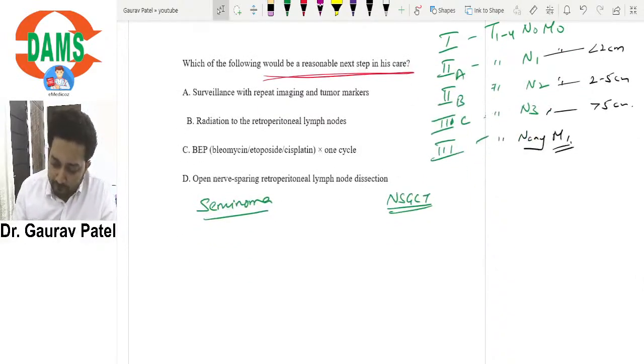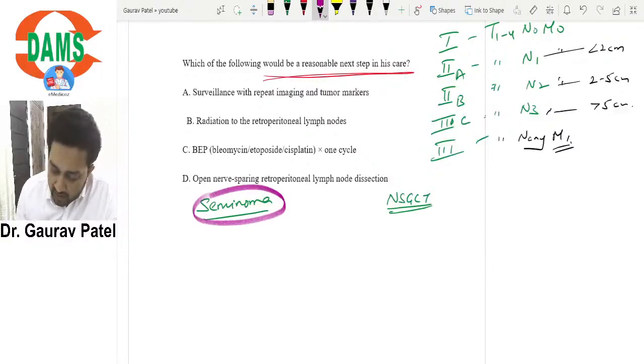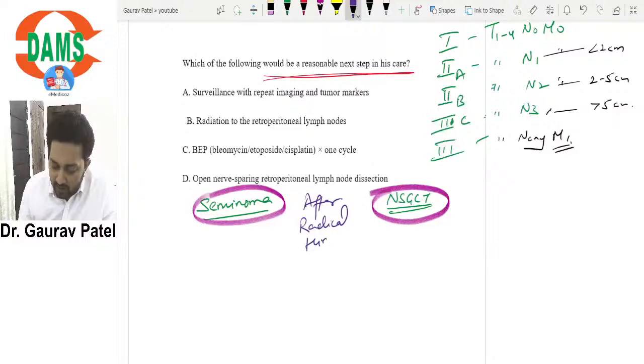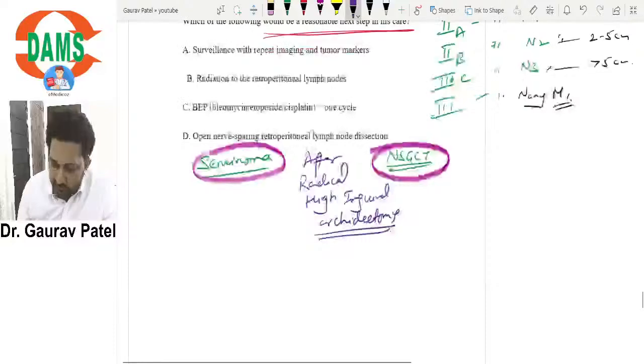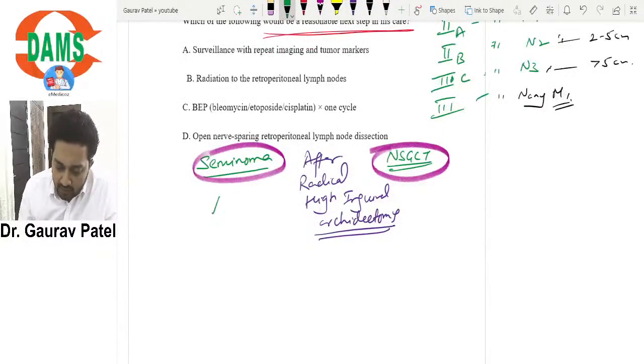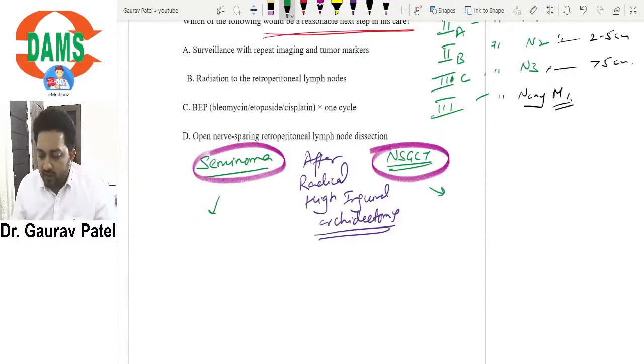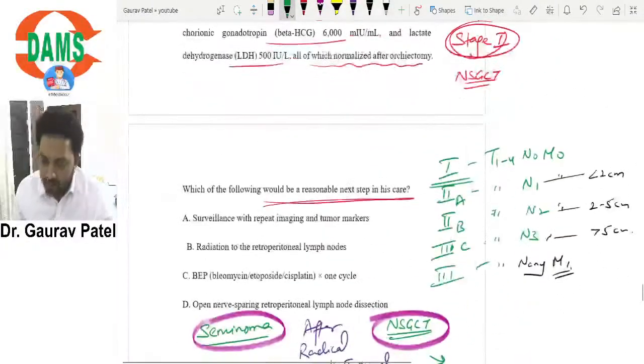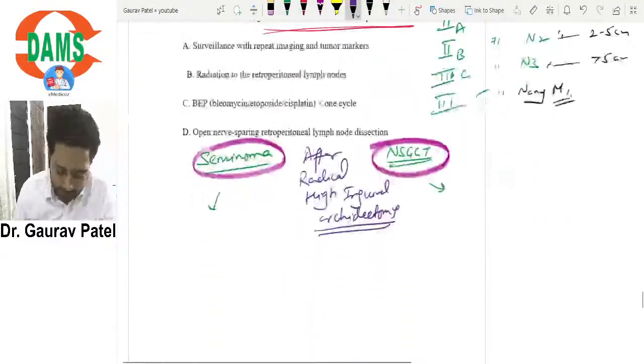Okay, so let's see. In seminoma and non-seminomatous germ cell tumor, after you do a radical high inguinal orchidectomy, what are you supposed to do? Okay, let me tell you again. So as per this, it is stage 1. Lymph nodes are not involved.